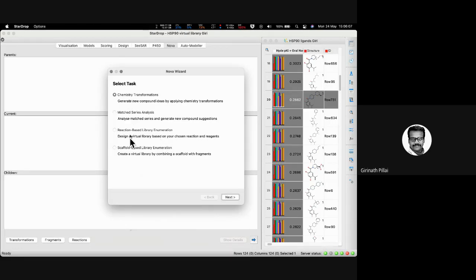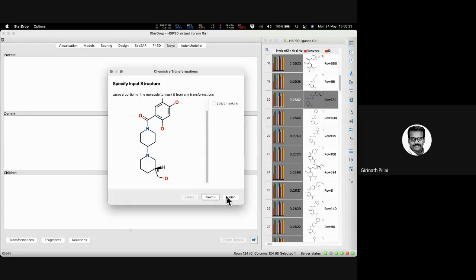We have different things: molecular matched series analysis, reaction-based library enumeration, and scaffold-based library enumeration. These are specifically for medicinal chemists, widely used in the pharmaceutical industry where discovery chemistry departments are there. I will first do the chemistry transformations and click next.